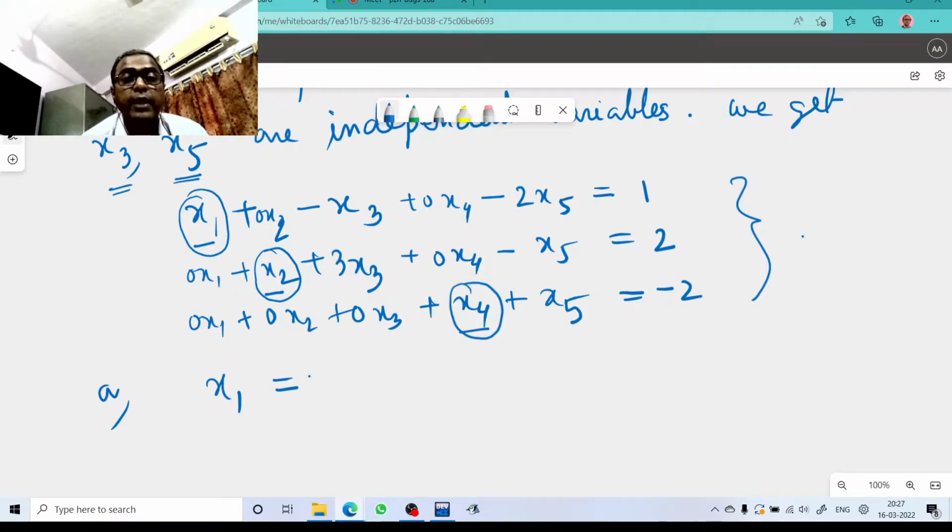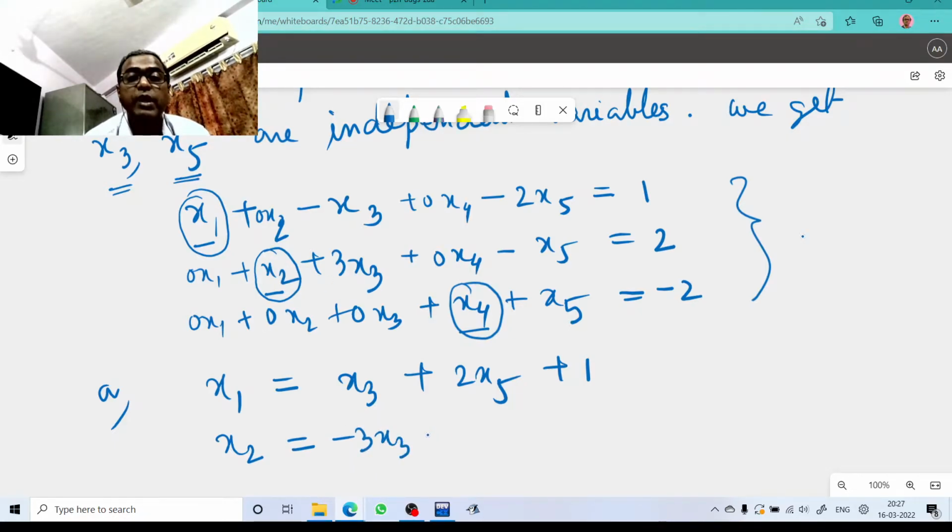From the first equation we can write x1 equals x3 plus 2x5 plus 1. x1 depends on x3 and x5. From the second equation, x2 is a dependent variable, so x2 equals minus 3x3 plus x5 plus 2.